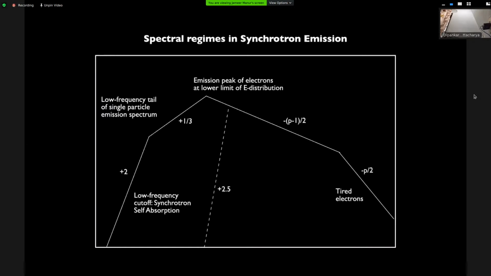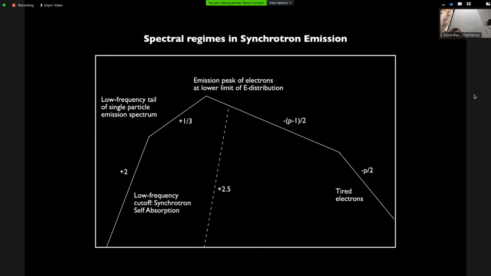And in that regime, if you start with the original power law spectrum of nu to the minus (p minus 1) by 2, or particle energy spectrum proportional to gamma to the power of minus p, and you keep injecting such spectra, then above this energy where the cooling dominates, you will get a modified energy distribution of electrons because of excessive loss of energy.